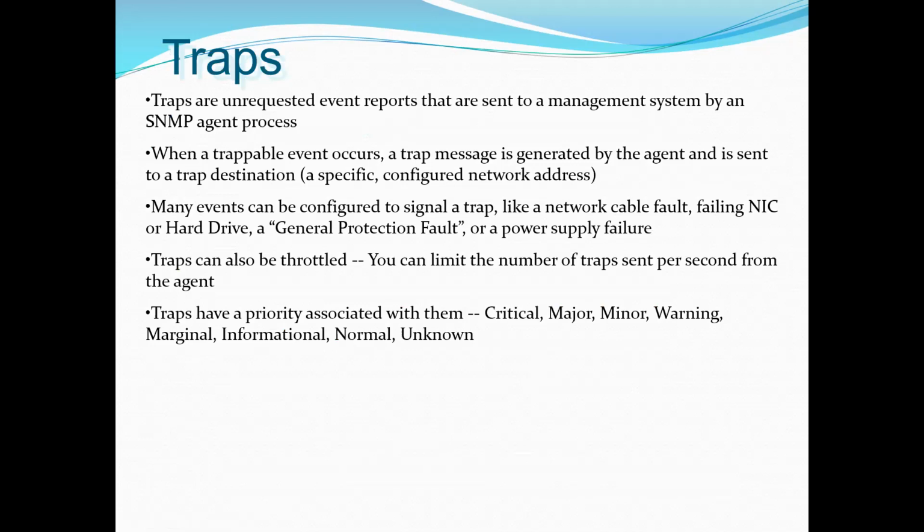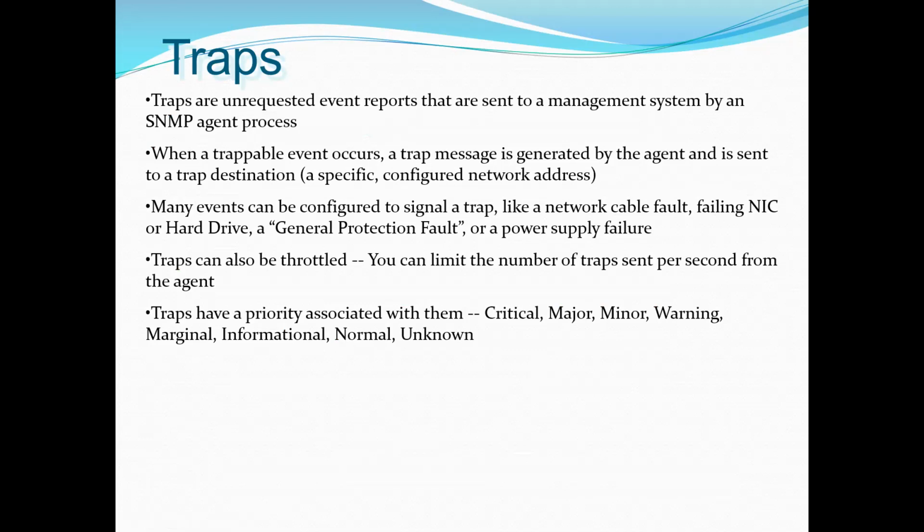So the traps here, you can see traps are unrequested event reports that are sent to a management system by an SNMP agent process. When a trappable event occurs, a trap message is generated by the agent and is sent to a trap destination, which is a specific configured network address, right?